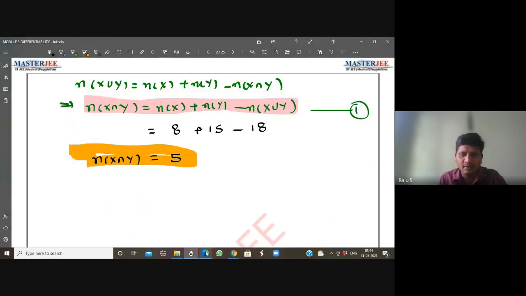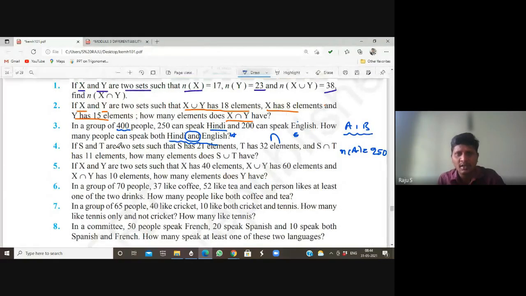Next question is question number 4. S and T are two sets already given. S and T are two non-empty sets. S has 21 elements. T has 32 elements. And the S intersection T value is given as 11 elements. Now, how many elements does S union T have?